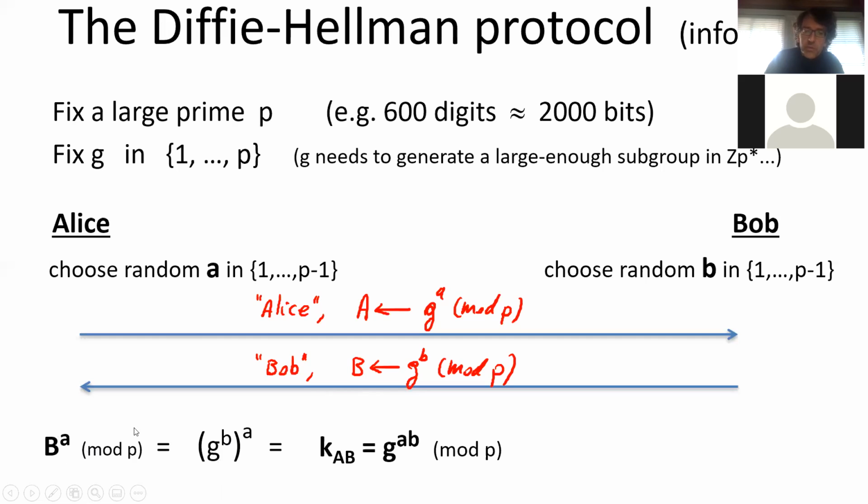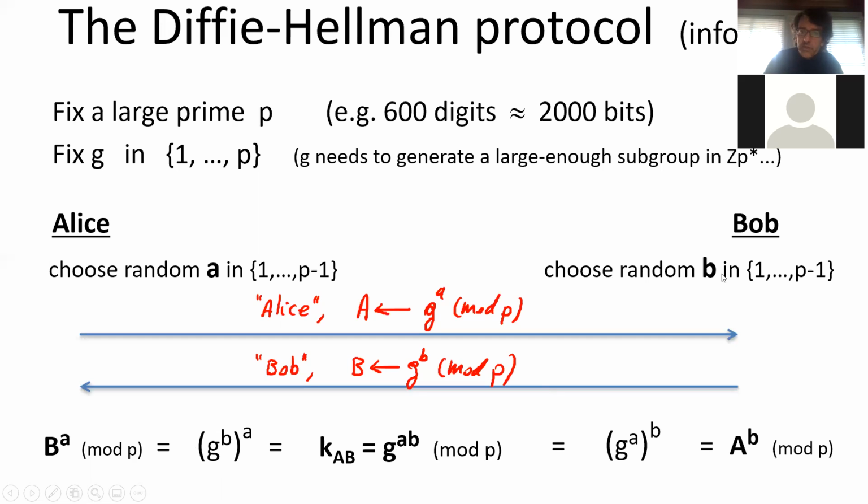But if you're doing operations mod p, you don't have to do the reduction in the middle. You can postpone modular reductions to the very end, and nothing will change except the efficiency of computation. So this result is equal to this integer mod p. This integer is g to the b times a. So it is this one.